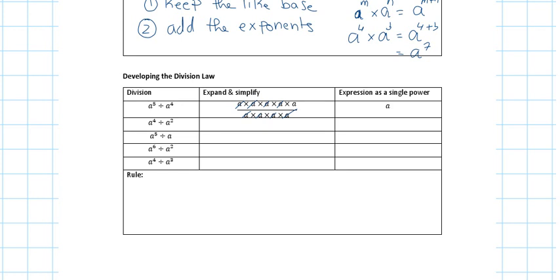All right. Now let's simplify this one. So I have A times A times A times A divided by A times A. Simplify. 1 from the top, 1 from the bottom, 1 from the top, 1 from the bottom. What am I left with? A to the power of 2, because it's A times A, which is A to the power of 2.